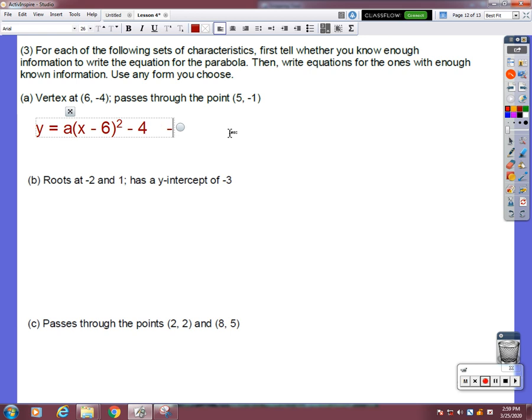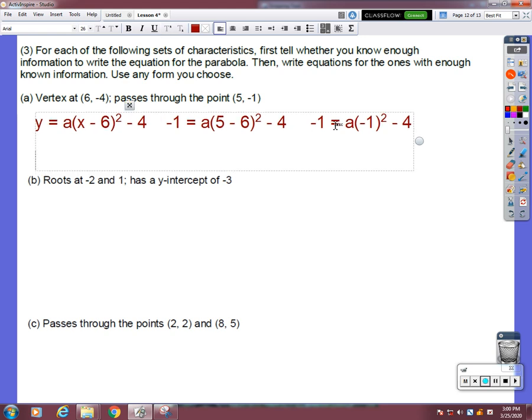So if I do that, I get -1 equals a times 5 minus 6 squared minus 4. So 5 minus 6 is -1. So -1 equals a times -1 minus 4. Then -1 squared is 1.